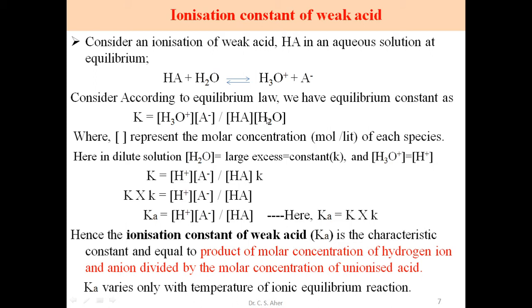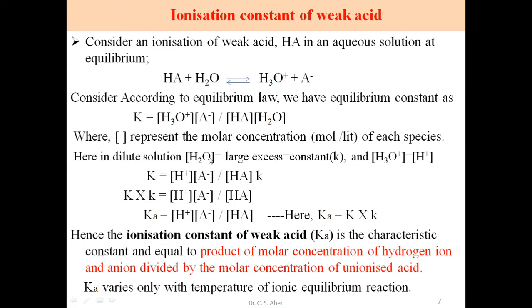Here the square bracket represents the molar concentration, that is moles per liter, of each species, whether molecular or ion. In dilute solution the concentration of water is very large, in excess, and we consider it a constant, small k. And the hydronium ion concentration is actually the H+ ion concentration.